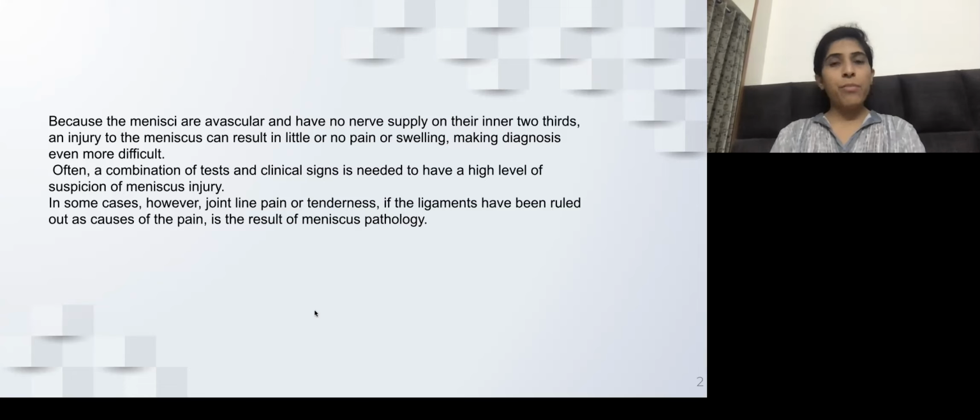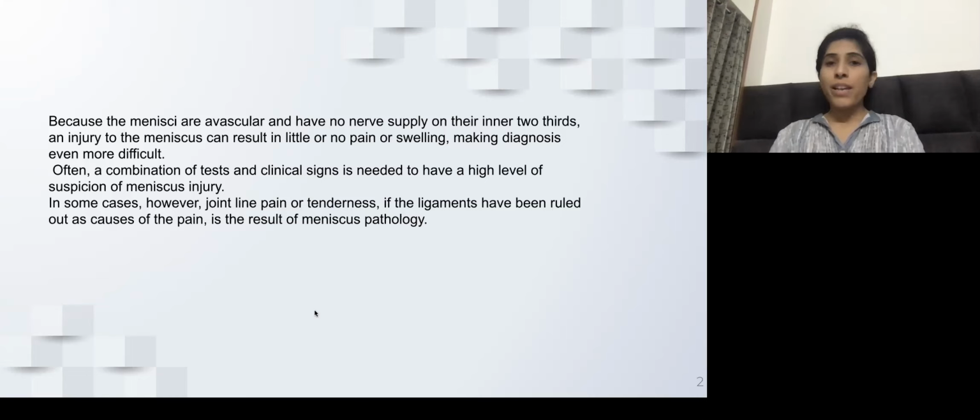So we have the medial and lateral menisci that work as shock absorbers, provide smooth motion, increase the area for the femur motion, and overall help to reduce joint compression.